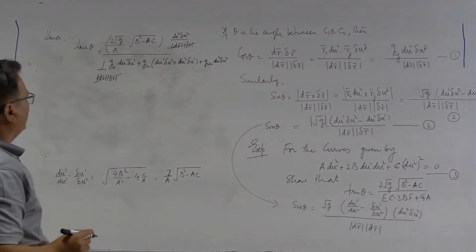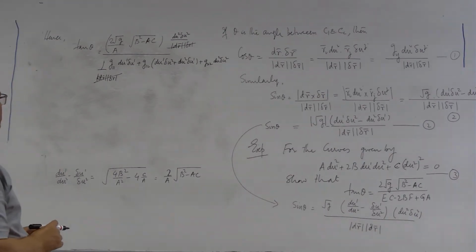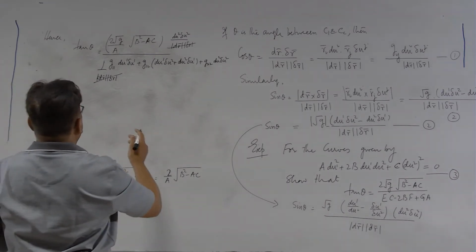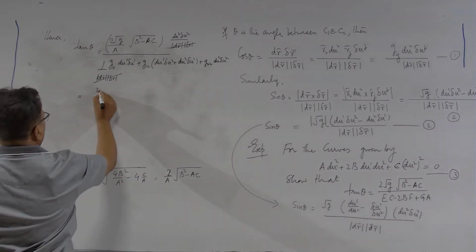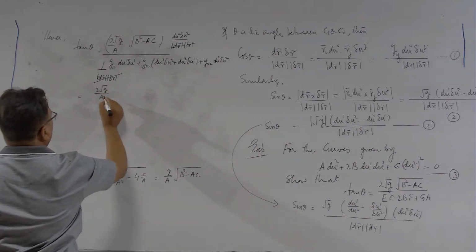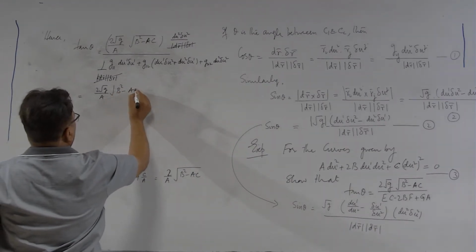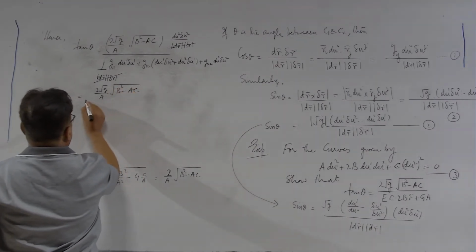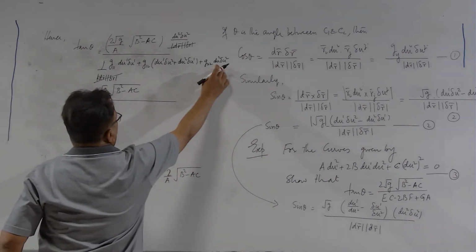Now, in the denominator also you can divide throughout by du2 delta u2. So, when you divide the denominator by du2 into delta u2, what will happen is under root b square minus ac, and I am dividing throughout by du2 delta u2.